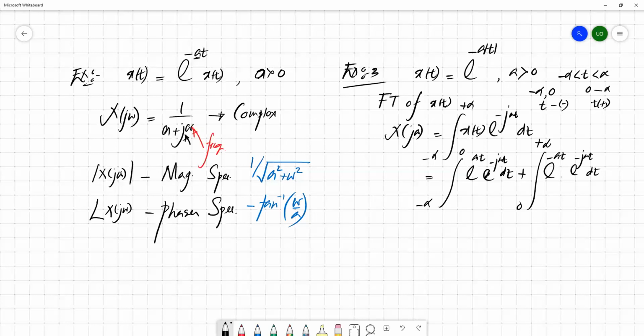If you solve these two integrals, we end up with 2a divided by a squared plus omega squared.